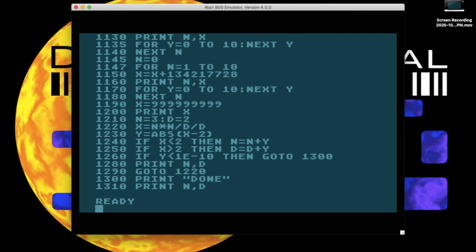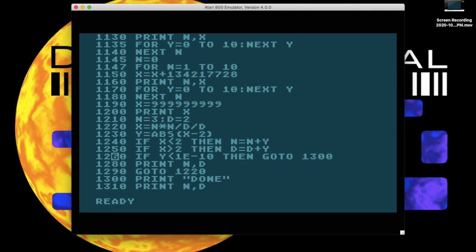And you add the epsilon to the denominator if x is greater than 2. And that way you get closer and closer to the square root of 2. And apparently the Atari mathematics gets an epsilon as low as 1 times 10 to the minus 10th, at least.